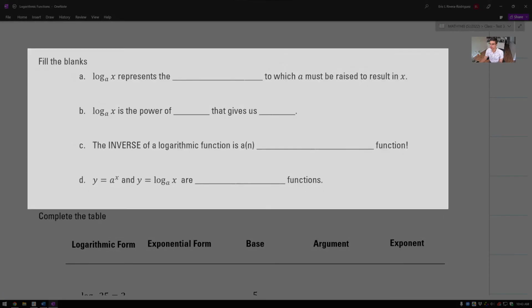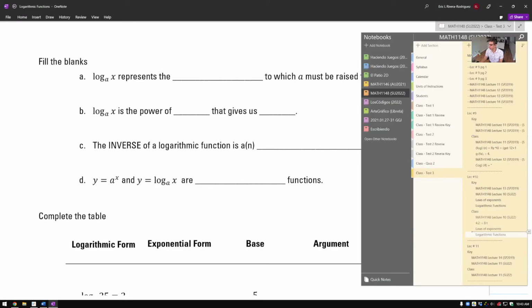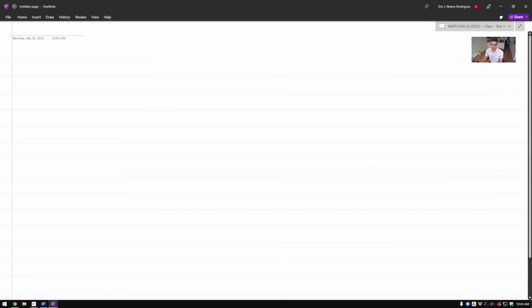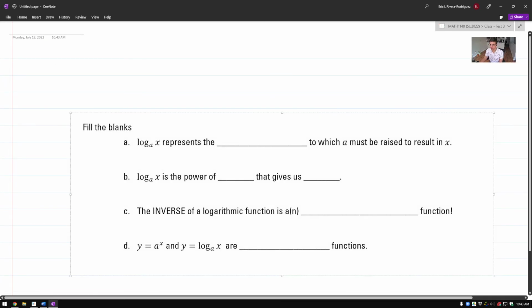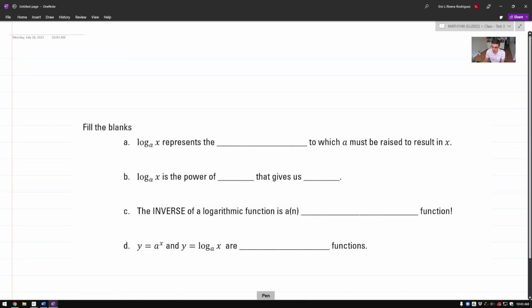Let me open a new page. Let me correct myself. 3 raised to the power of 2. What is the result? 3 squared. What is the result? It is 9.